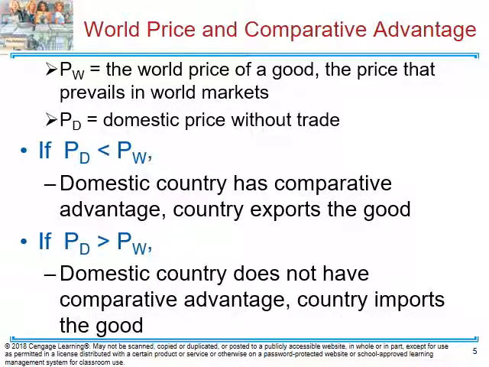On the other side, if the domestic price is greater than the world price, the domestic country does not have comparative advantage, and that country will basically import that good.